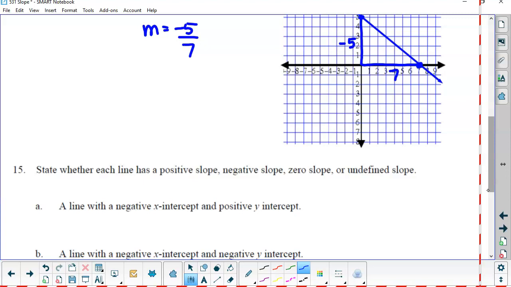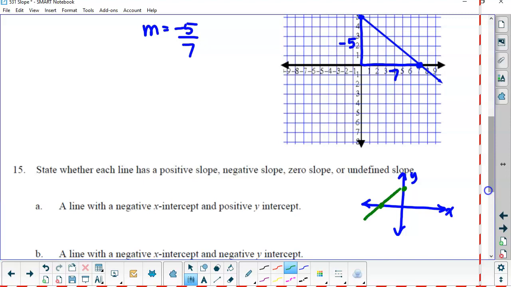So what kind of slope will we have? Positive, negative, 0, or undefined. If we have a line segment, so if you want to draw a little sketch of an XY axis, then it says a line with a negative x-intercept, so somewhere over here, and a positive y-intercept. So what I said, if one's negative and one's positive, the slope will be positive.